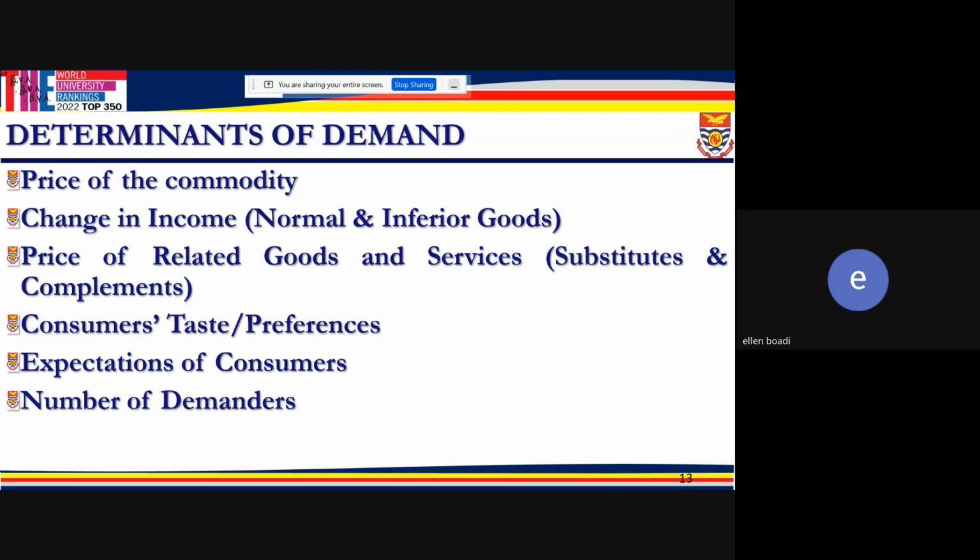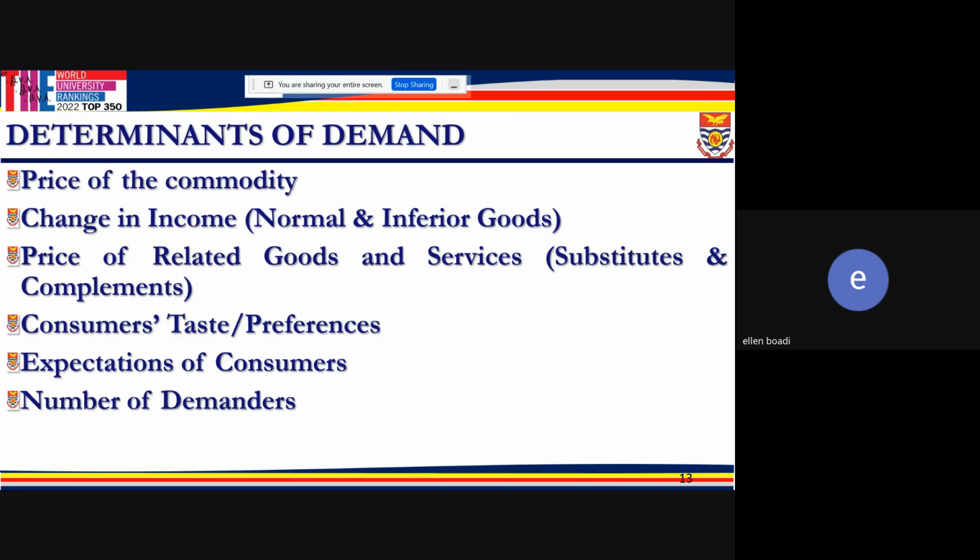So nothing has happened to the price of jollof. The price of jollof is still 10 cedis. But the only thing that has happened in this situation is the fact that the price of the substitute, that is the fried rice, is now relatively cheaper. Because it's relatively cheaper, consumers will shift to the fried rice.